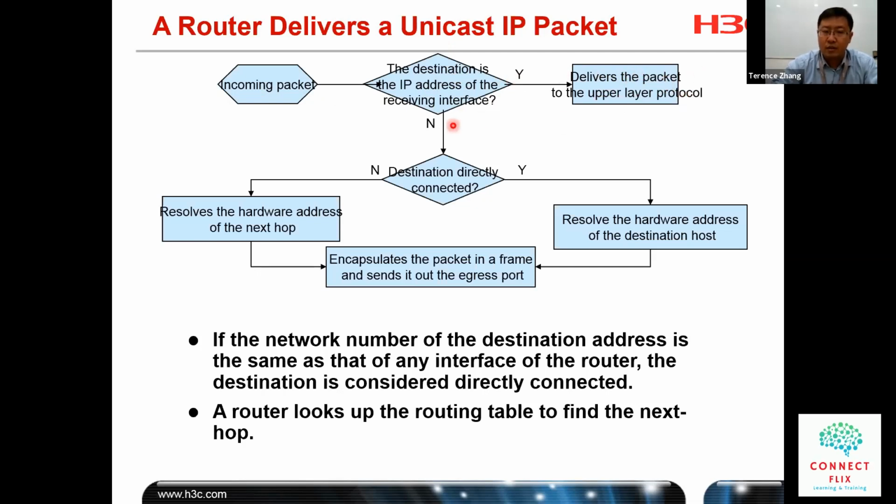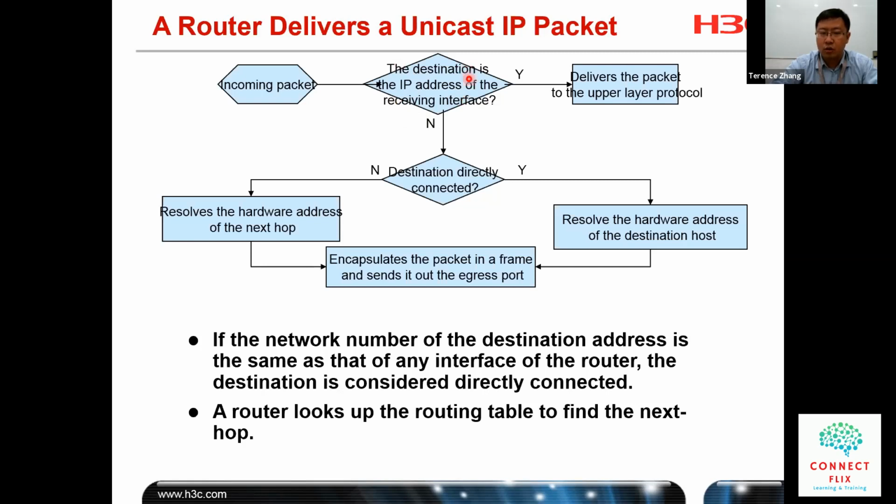If no, the destination is not mine, it's not me. That means it needs to pass through my router. Then it's the same as the host: directly connected or not, then encapsulate and send it out. But the only added step is here, right?